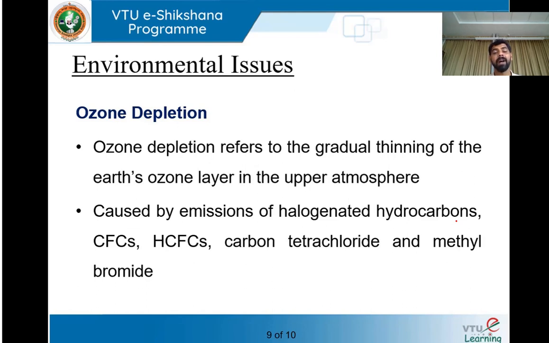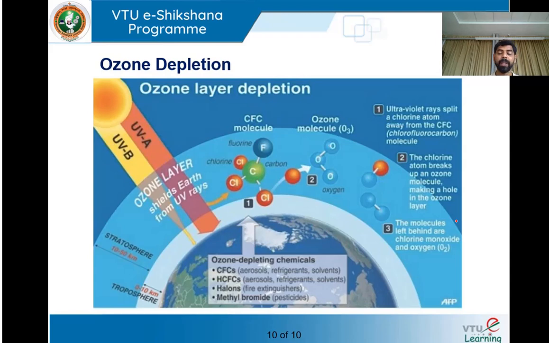Why is it happening? It is because of the emissions of halogenated hydrocarbons, CFCs, HCFCs, carbon tetrachloride and methyl bromide. This ozone layer acts as a protective shield, just like our sunscreen lotion.